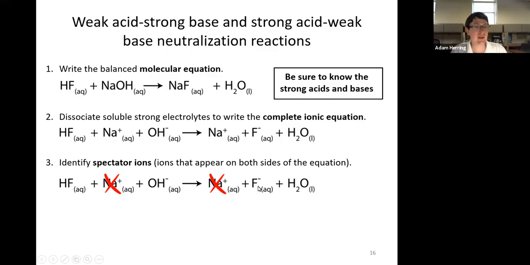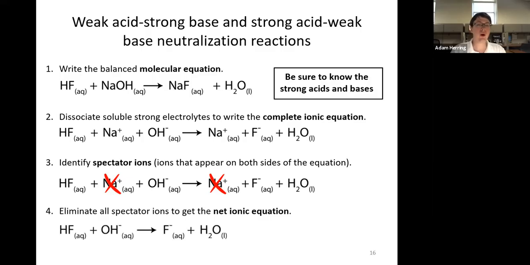Because hydrofluoric acid is a weak acid, the fluoride gets included as part of the net ionic equation. And so we'll notice that for weak acids or weak bases, our net ionic equation will look different than for a strong acid and a strong base.